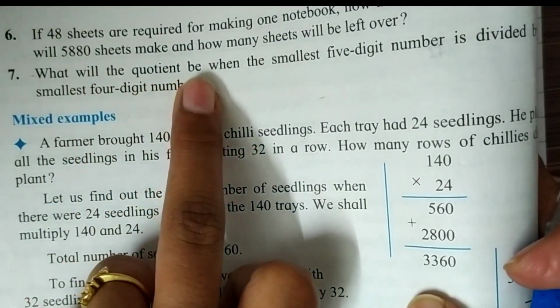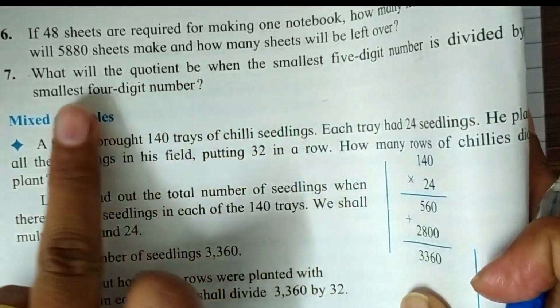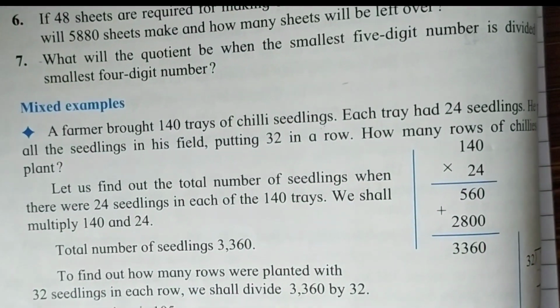The next question is, what will the quotient be when the smallest 5-digit number is divided by the smallest 4-digit number? So for writing smallest number, we take 1, and they tell us to divide smallest 5-digit number by smallest 4-digit number.